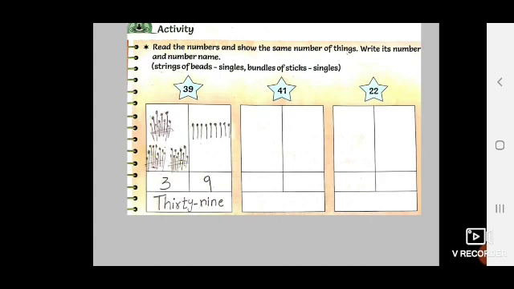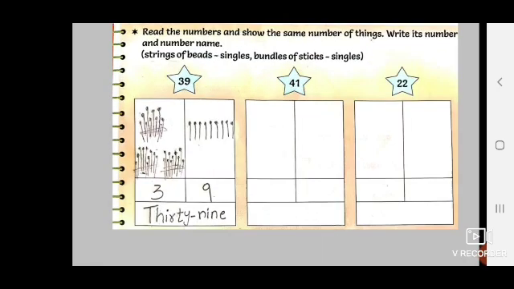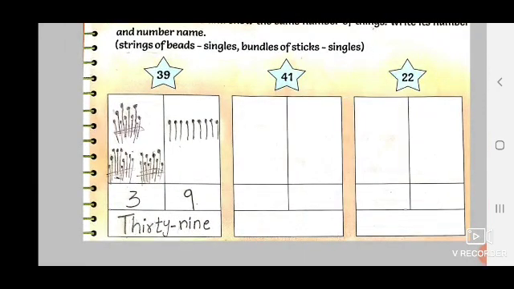And in the units place, that is 9, I have drawn 9 single sticks. Number 3, 9, 39. And in words, THIRTY-NINE, 39. So children, the numbers 41 and 22, you have to draw on your own.